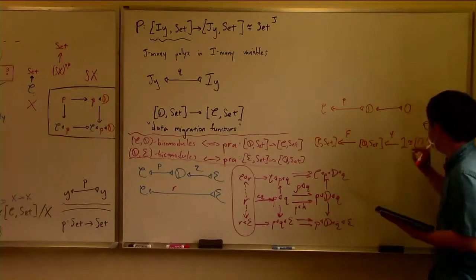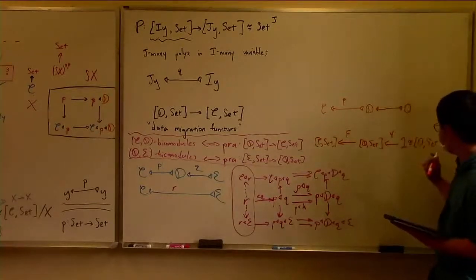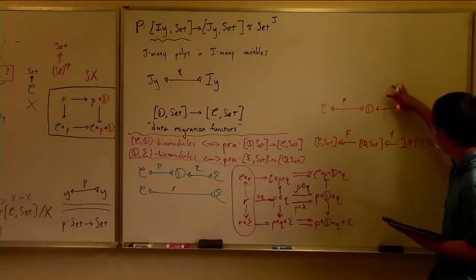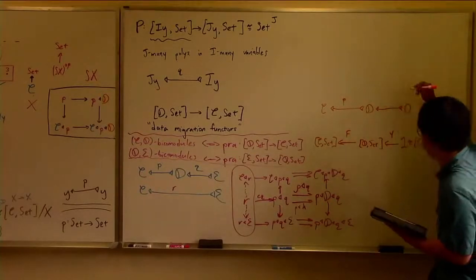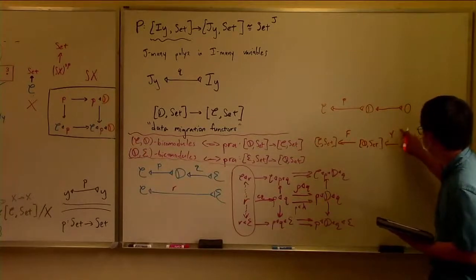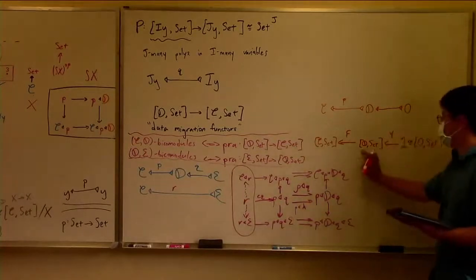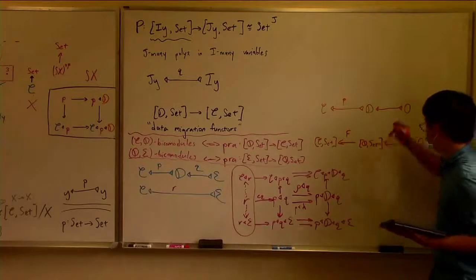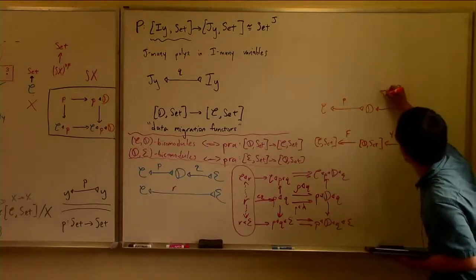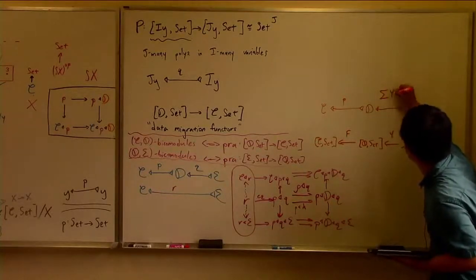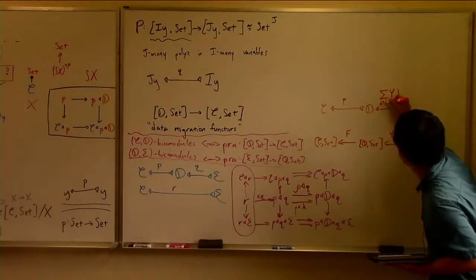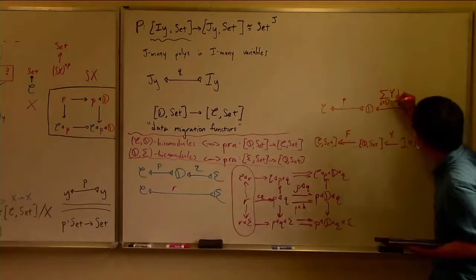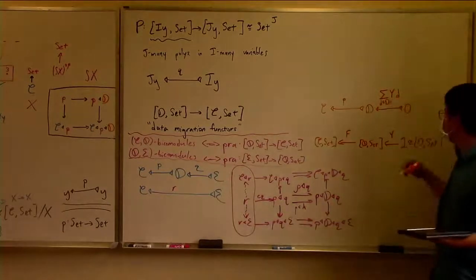Now, if we remember our correspondence, the set that goes here should be the sum of y evaluated on all of the possible objects of D. So I'm going to write this as y of little d in big D. Really, these are the objects of big D, so I should maybe write a 1 there.